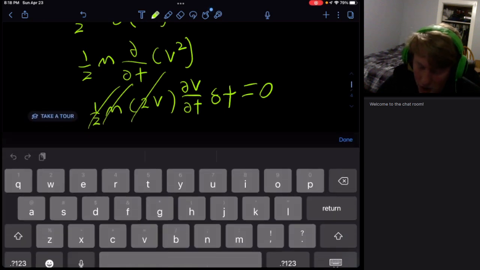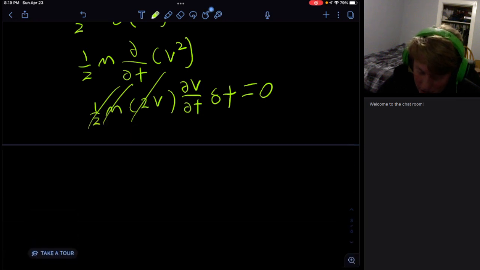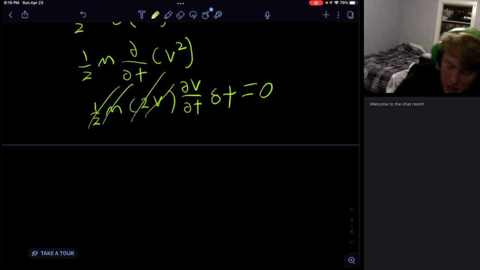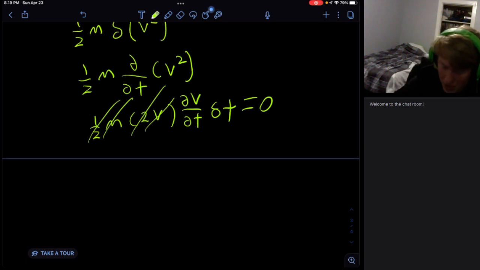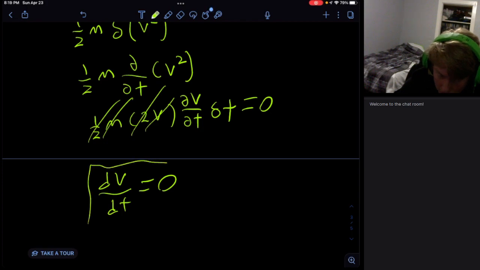So all we're really left with is change in velocity with respect to time. So our final differential equation for this system, in non-precise notation, is just dv dt is equal to 0. Okay, that's our final thing.